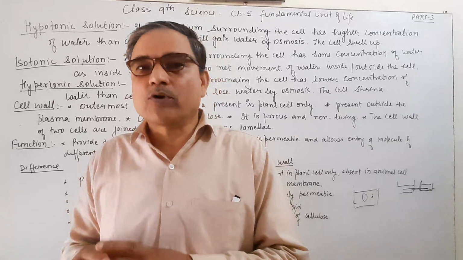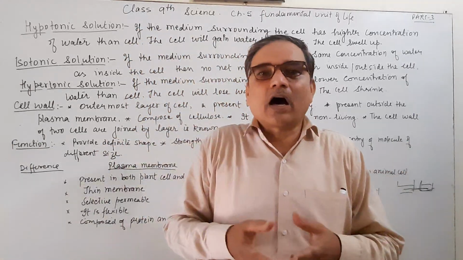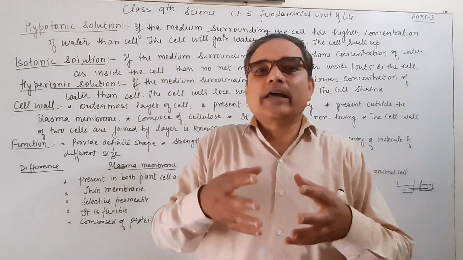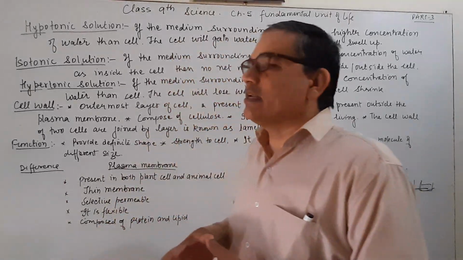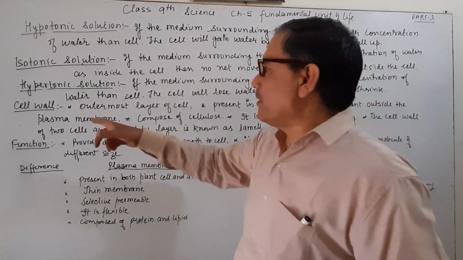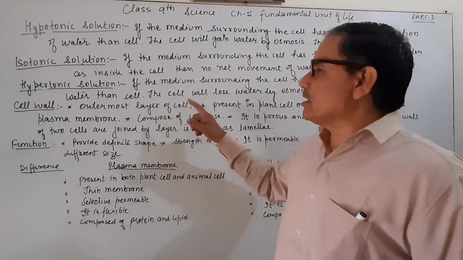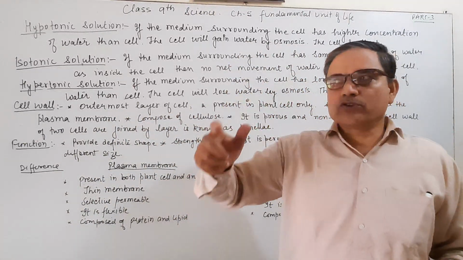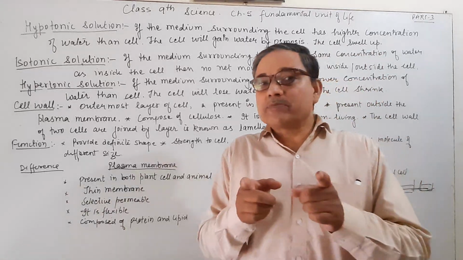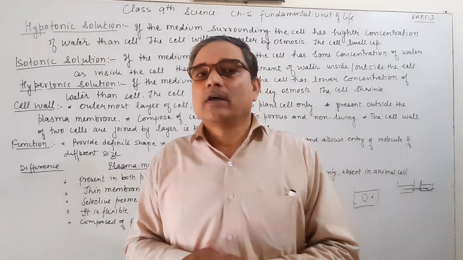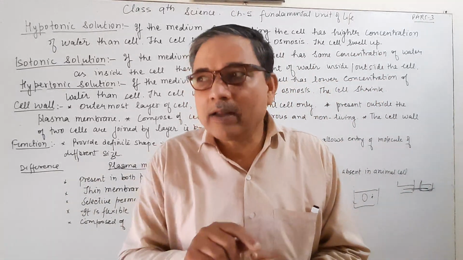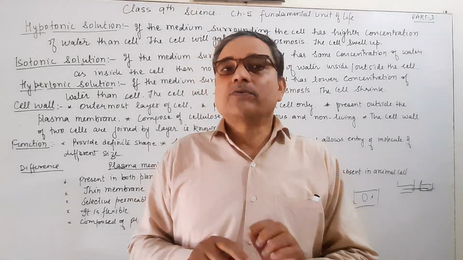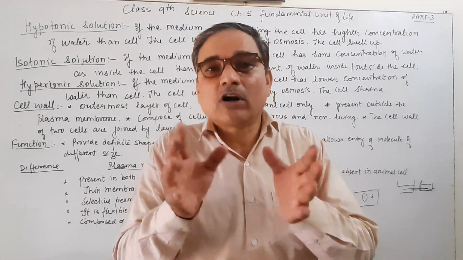It is slightly porous, and when two cells are joined together by a layer, that layer is known as lamella. Now, the cell wall is the outermost layer of the cell. We already discussed that the plasma membrane is the outermost layer of the cell, and it is present in both plant and animal cells and is flexible, but the cell wall is not flexible.